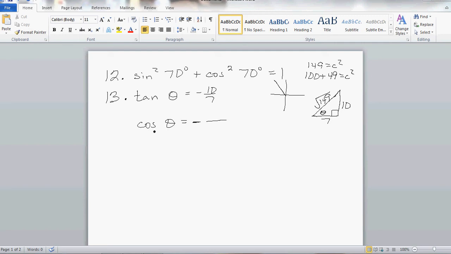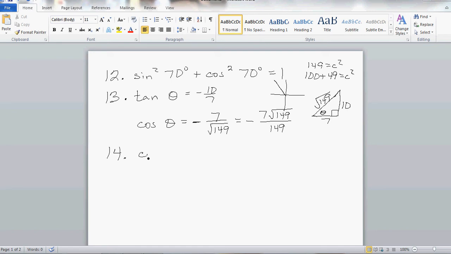Well, cosine is the adjacent leg over the hypotenuse. The adjacent leg is 7. The hypotenuse is square root of 149. We don't like this because it has a radical in the denominator, so we rationalize that denominator and get 7 square root of 149 all over 149. It so happens that 7 and 149 will not simplify with each other, and so this is the final answer.